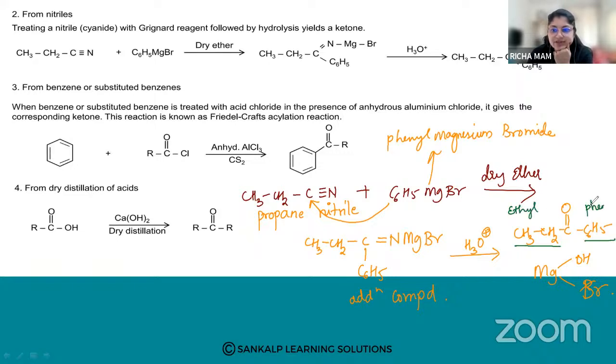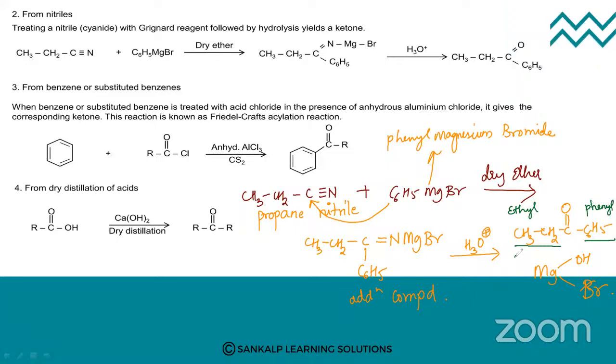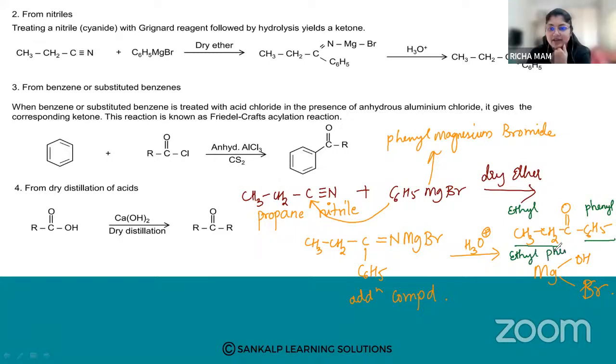So which will come first? Ethyl will come first, right? Ethyl phenyl ketone. So this is the name of the compound. Or you can also write it as 1-phenyl propanone.